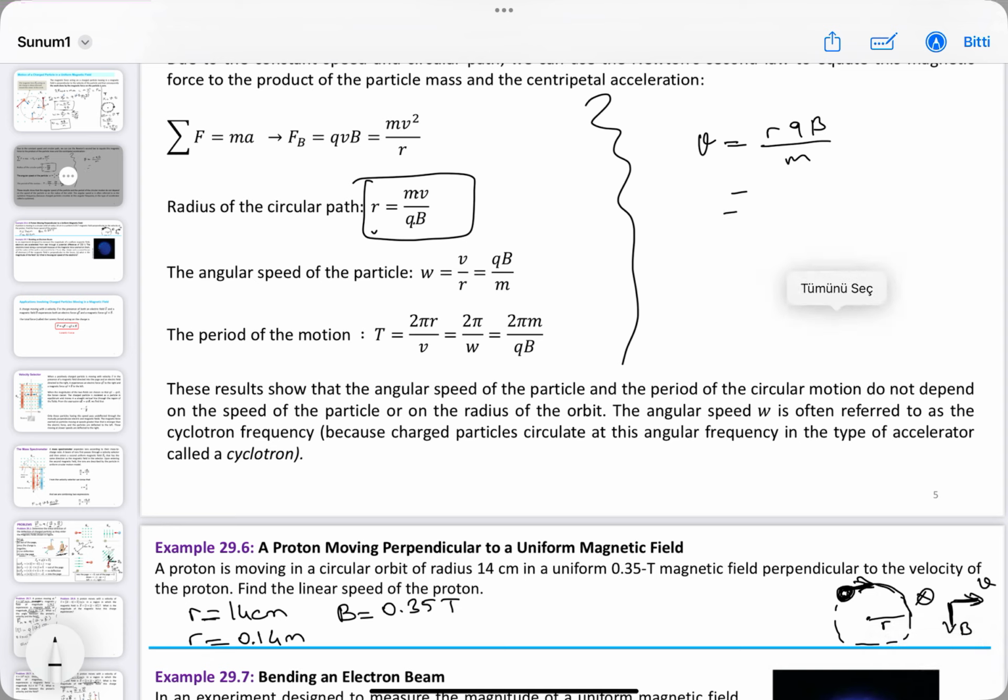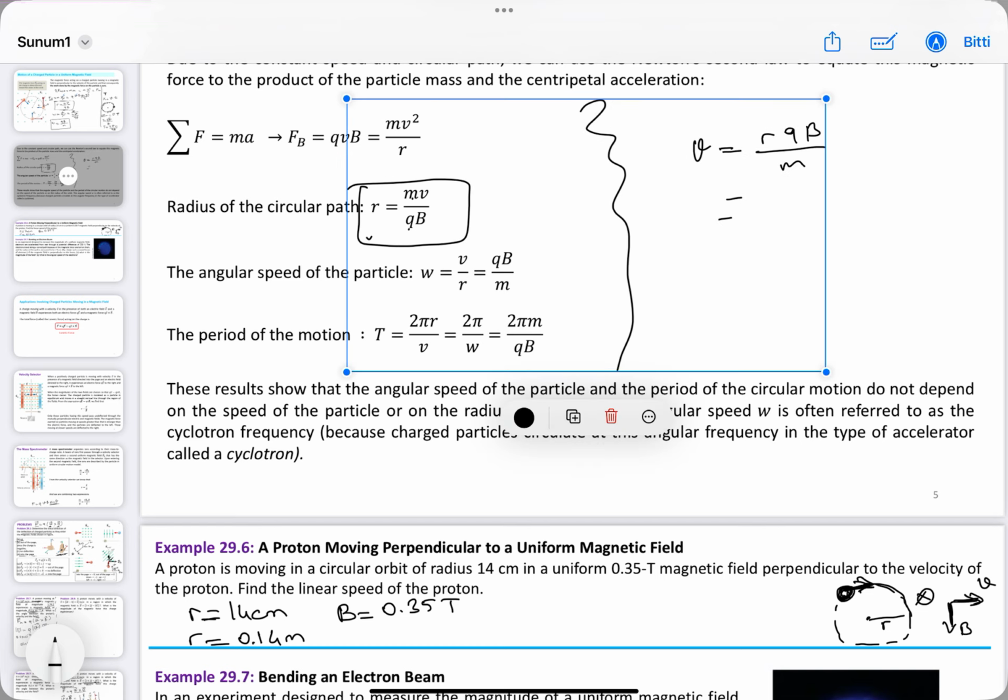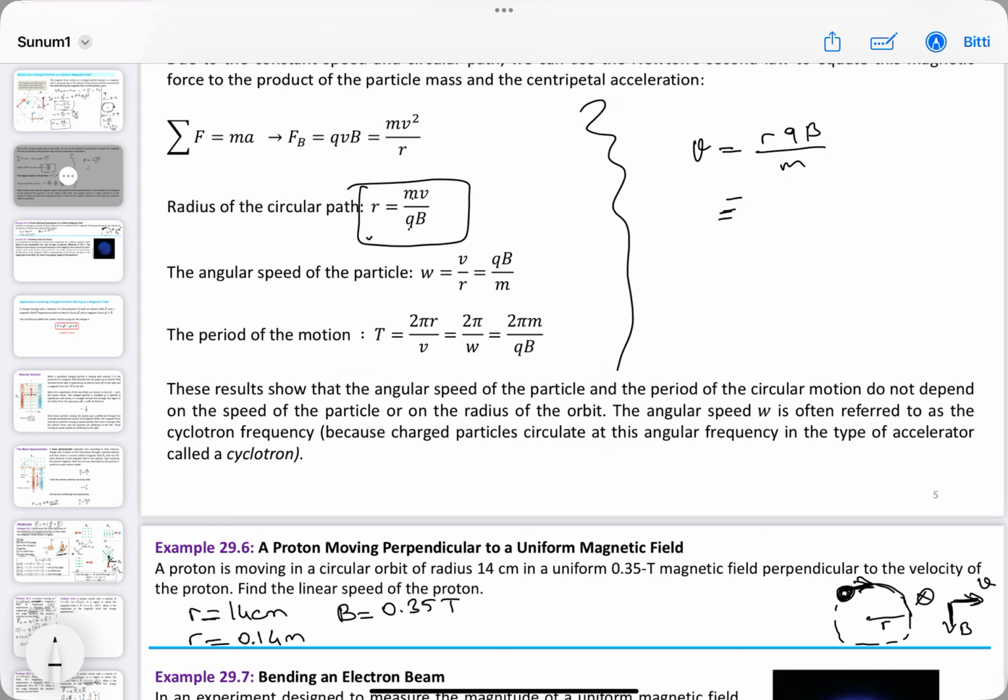Now, for q, 1.6 times 10 to the minus 19, and for r, this one, B is 0.35, and we have to put in the proton mass, which is a very small number.